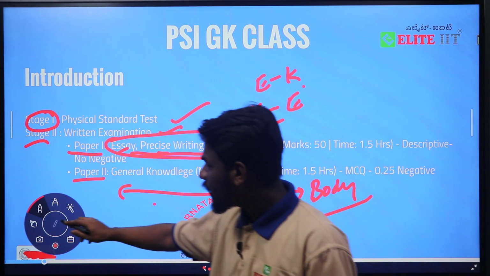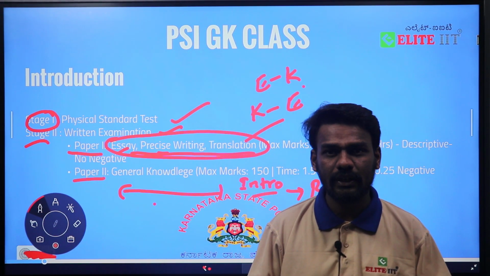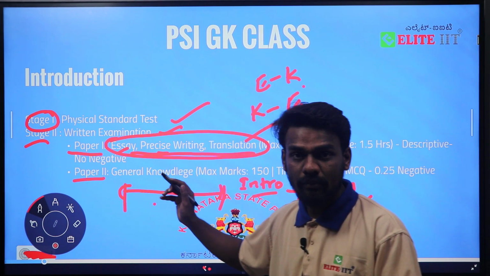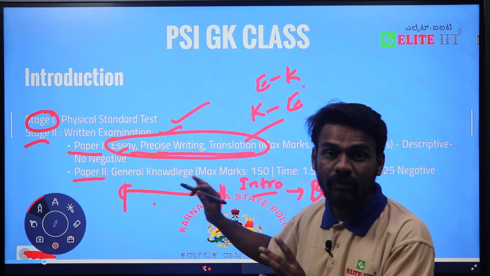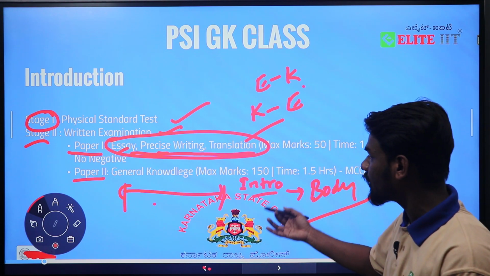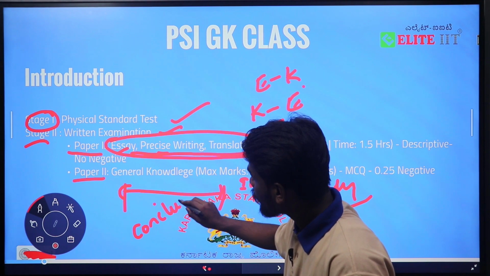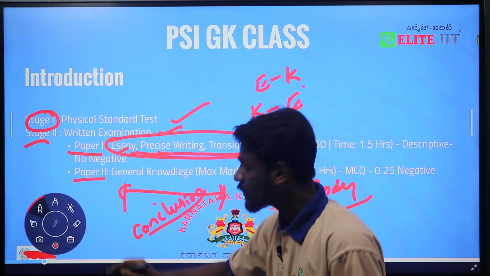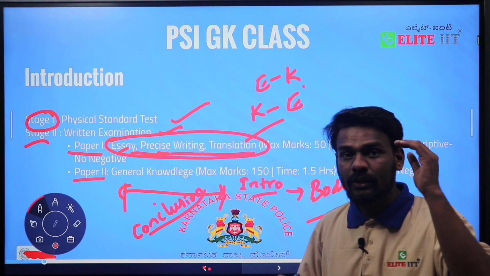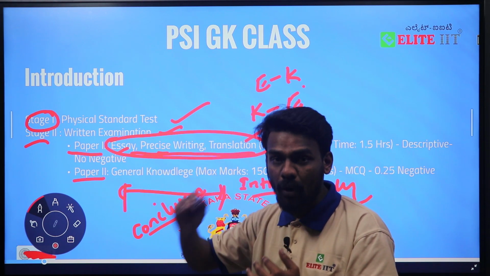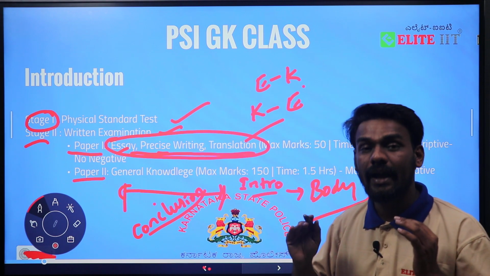In the body we have to explain the concept which is given in the paper, and then later the conclusion. The conclusion is too important, because we have to follow these steps: introduction, body and conclusion in the end.